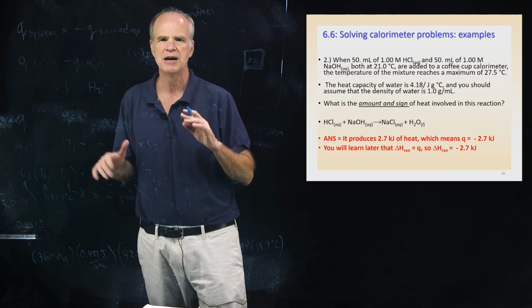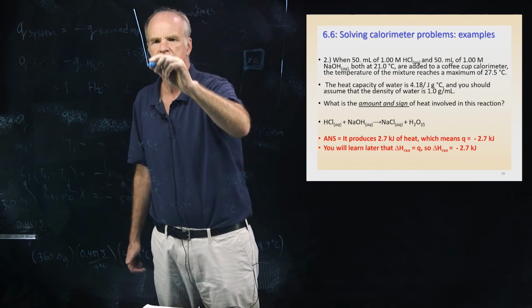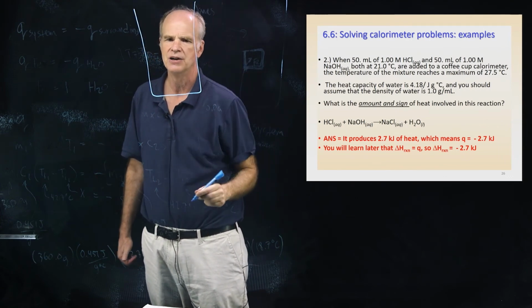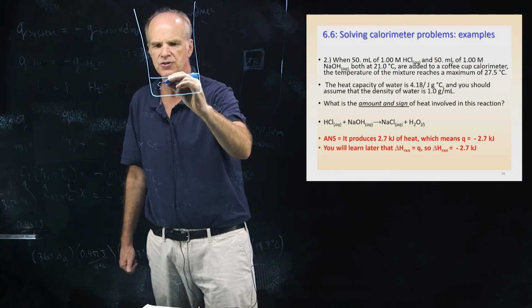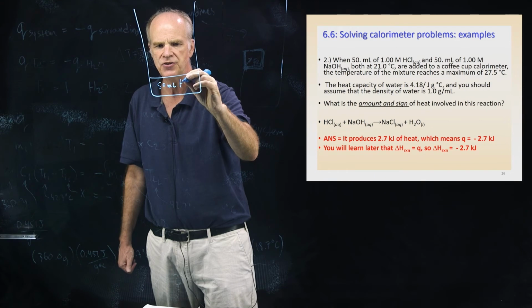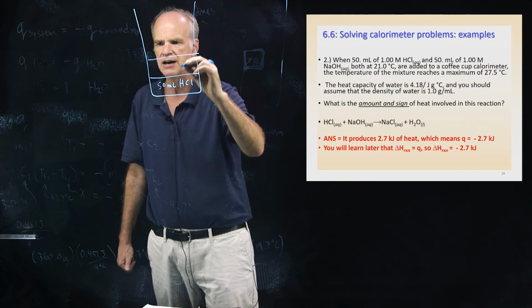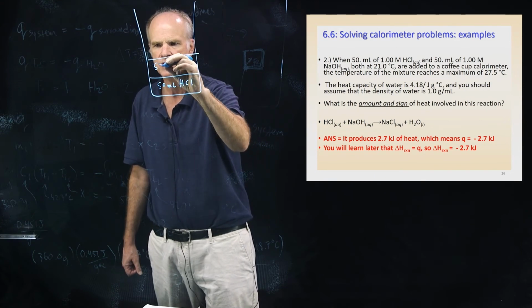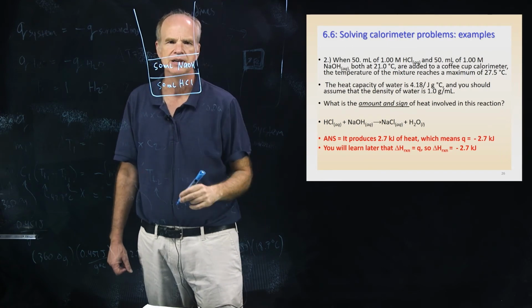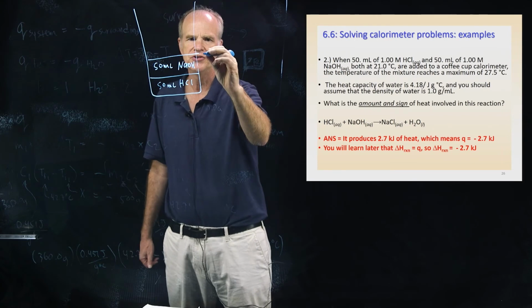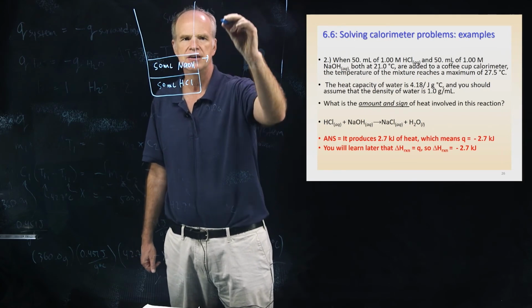So let's just talk about the strategy of the problem. So here's the setup. We have a coffee cup again, and then here, let's say we have 50 mils of HCl, and then we have 50 mils of NaOH. Okay, and so they will mix together. And so I'm going to draw this out in a different way.